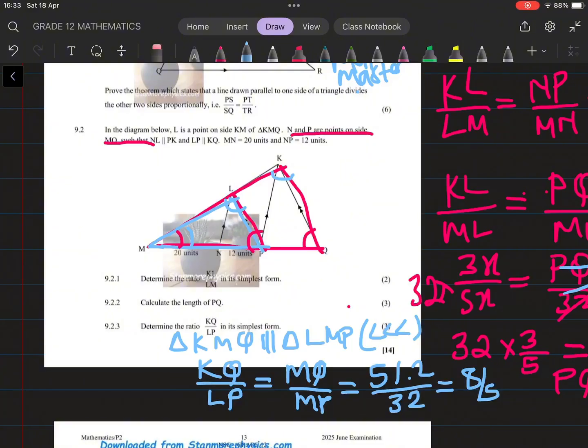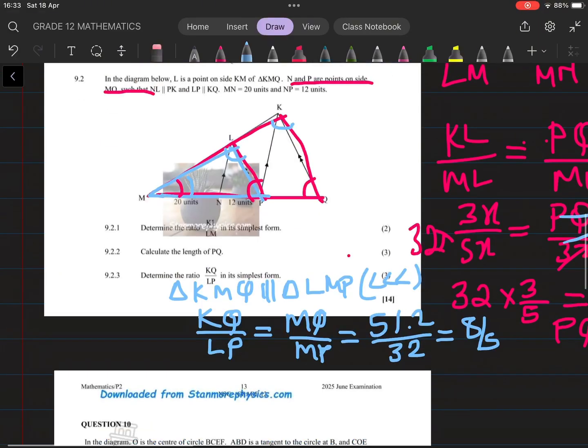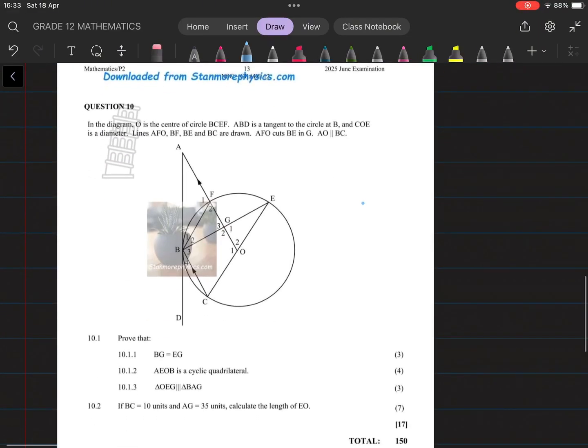Okay, now let's look at the last question of Euclidean geometry, paper 2, which is question 10. In the diagram, O is the center of the circle BCEF, and ABD is a tangent.